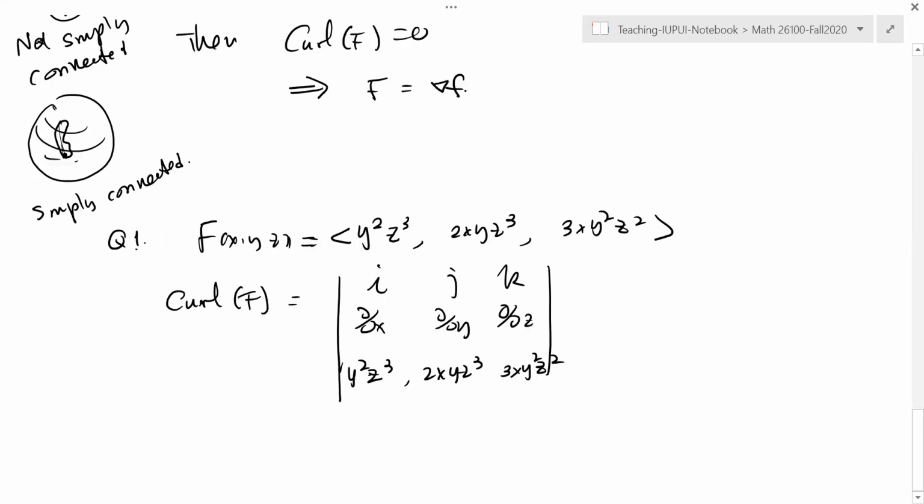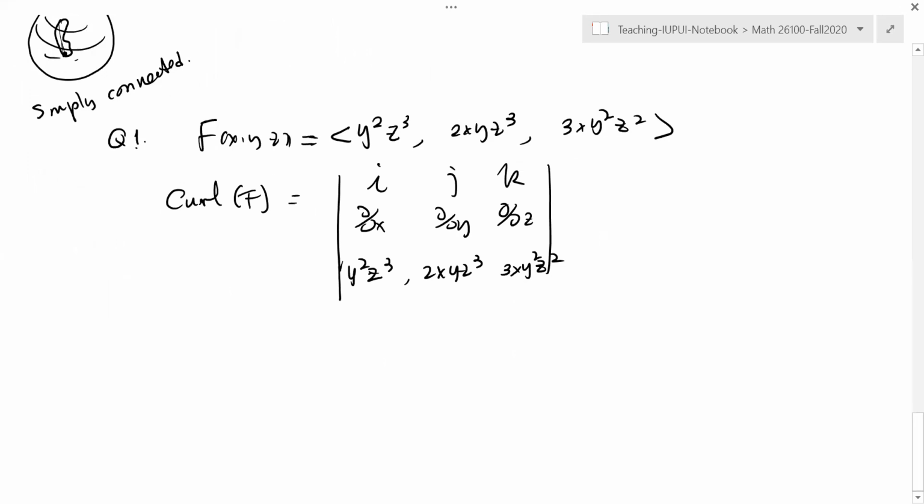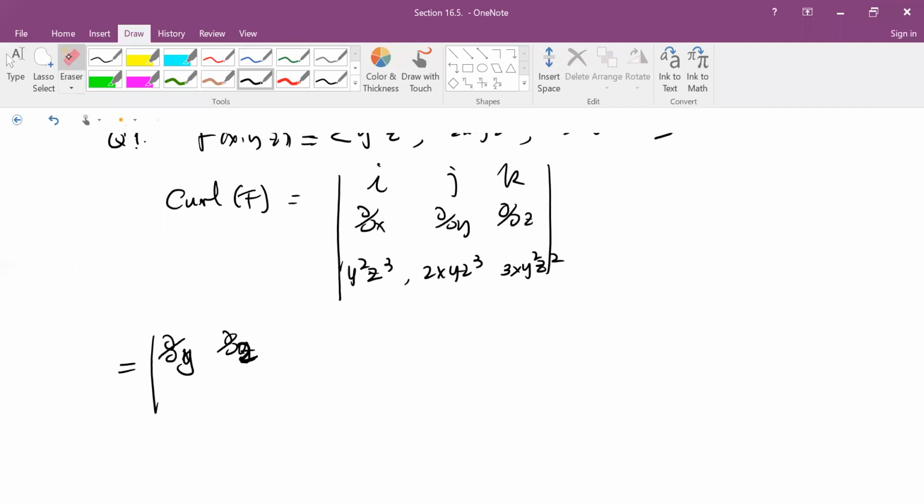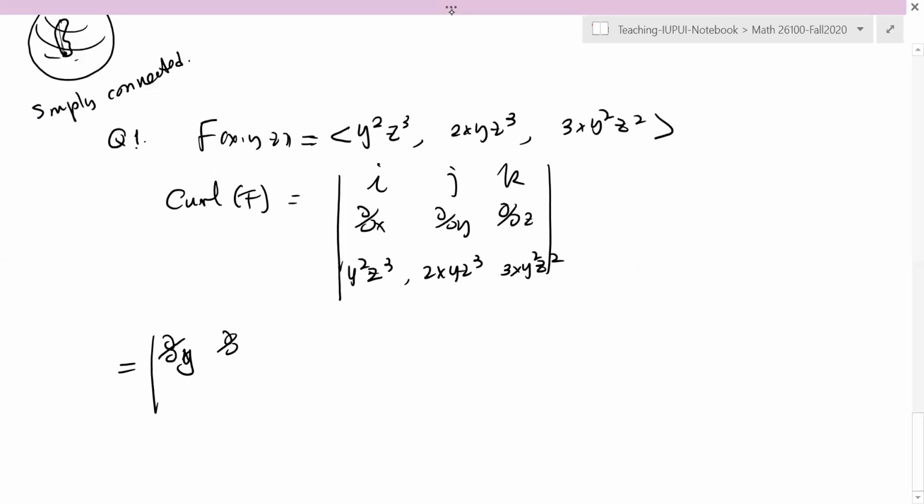Okay, all right, let's compute it. I'm going to put the details here. This is z. Okay, no, yz, because I want to get i. Okay, expand the yz.